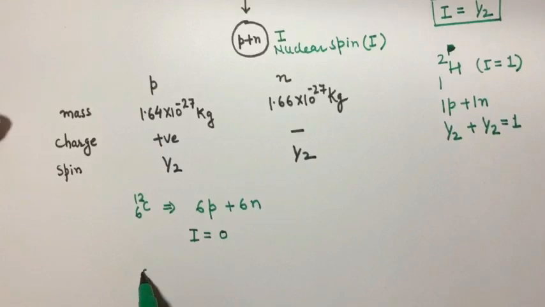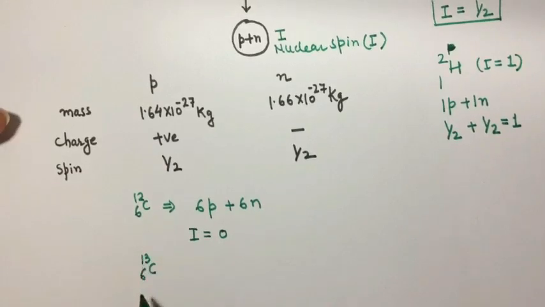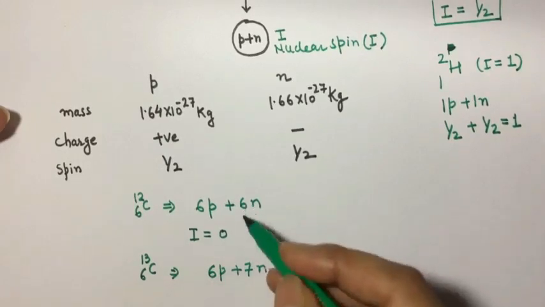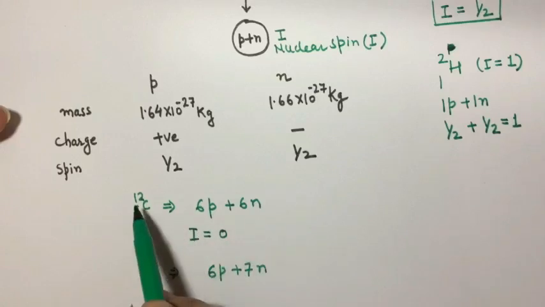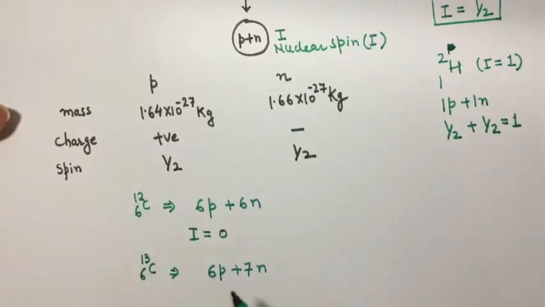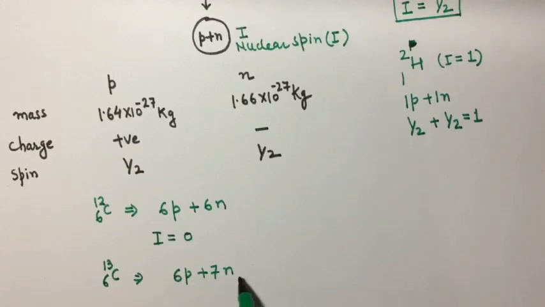We can also consider another case like this, 6C13. Here we have 6 protons and 7 neutrons. You can calculate the 6 and 7 by subtracting the atomic number from the atomic mass. The 6 protons arrange themselves and cancel out their spins.